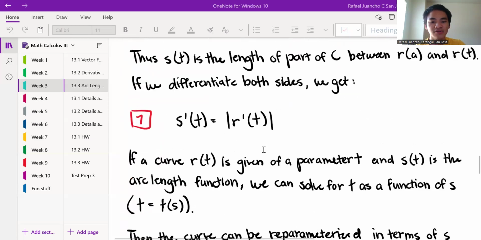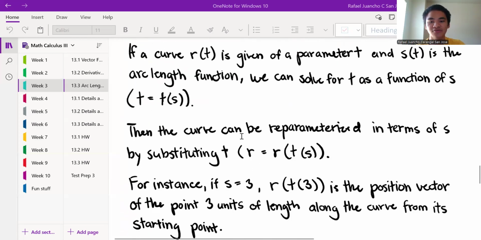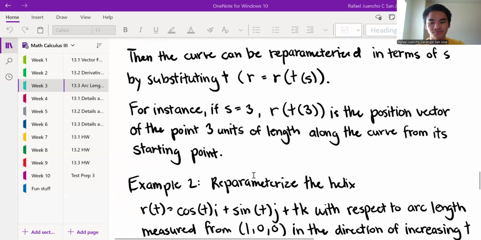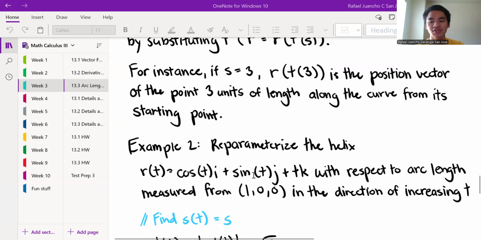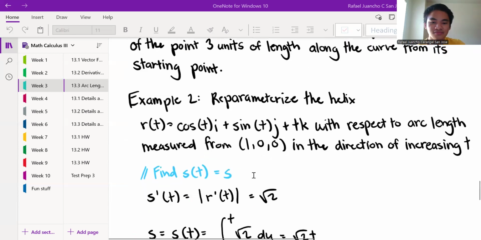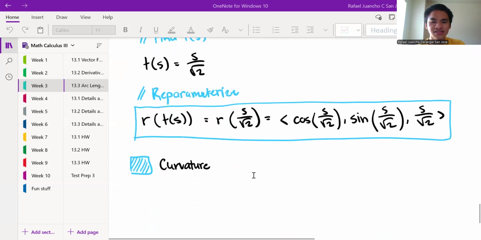And we also talked about how we can reparameterize a vector function by making t a function of s. We'll only be able to do this using an arc length function, and we also did an example for that.